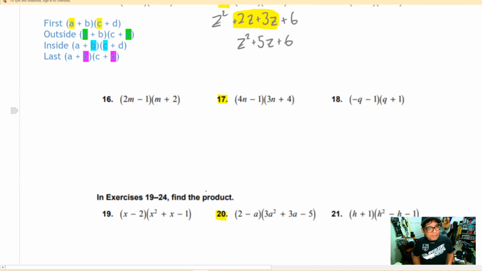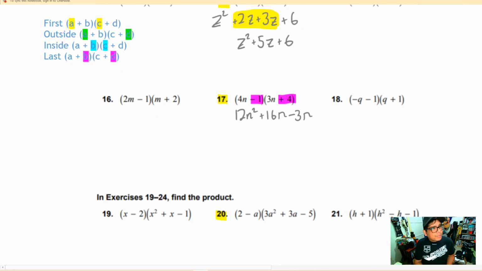Let's go ahead with 17. Same idea. First, outside, inside, last. 4n times 3n is 12n squared. 4n times plus 4, that is plus 16n. Minus 1 times 3n, that's minus 3n.